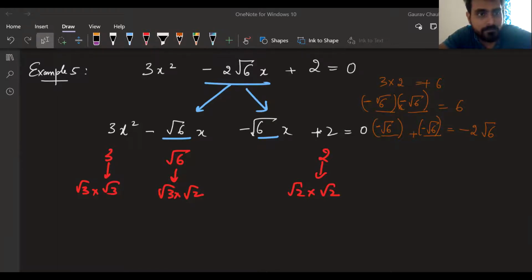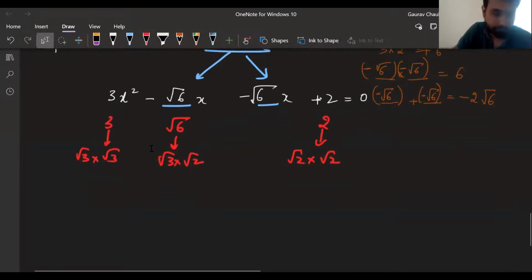Okay. So keeping all of this in mind, let's not directly write the next step. Let us first break it and write like this only, how we have broken it in the red color. So from here I'm continuing.